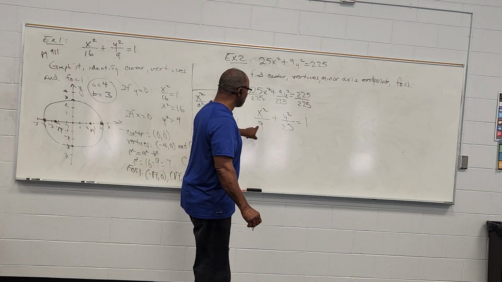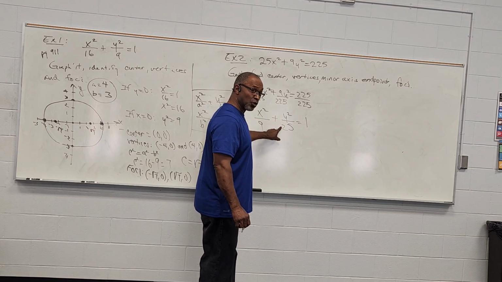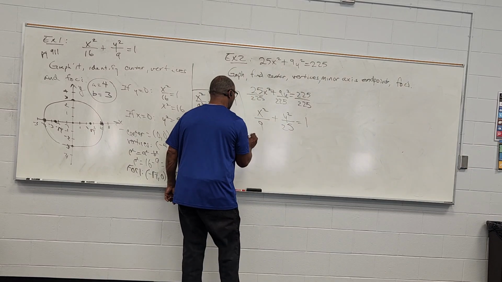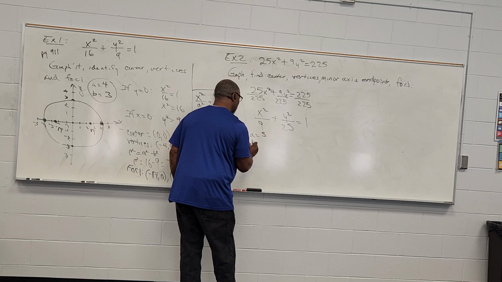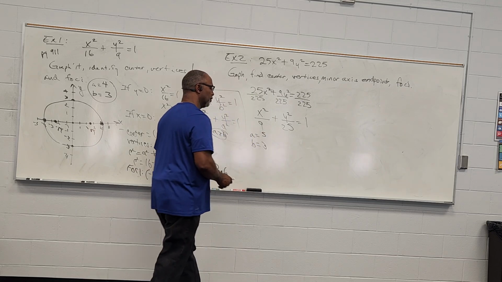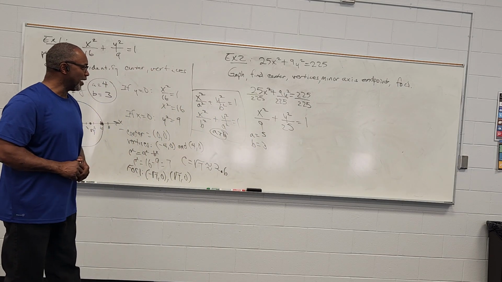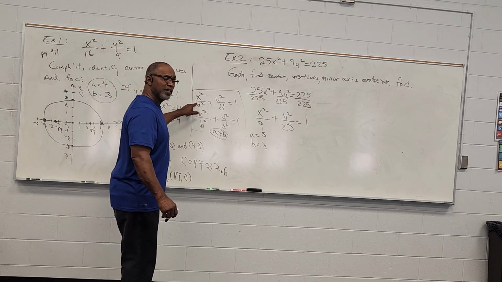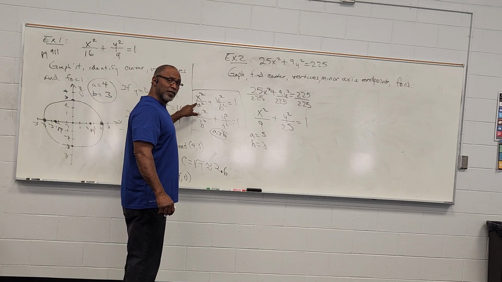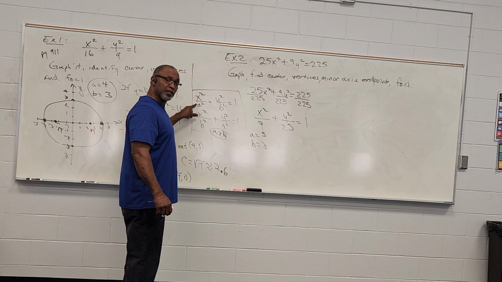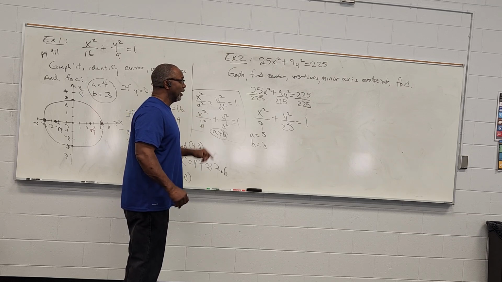So x squared over b squared plus y squared over a squared equals 1. So a must be 5 and b must be 3. So we've got an ellipse in this form, which means I'll have a vertical major axis now.